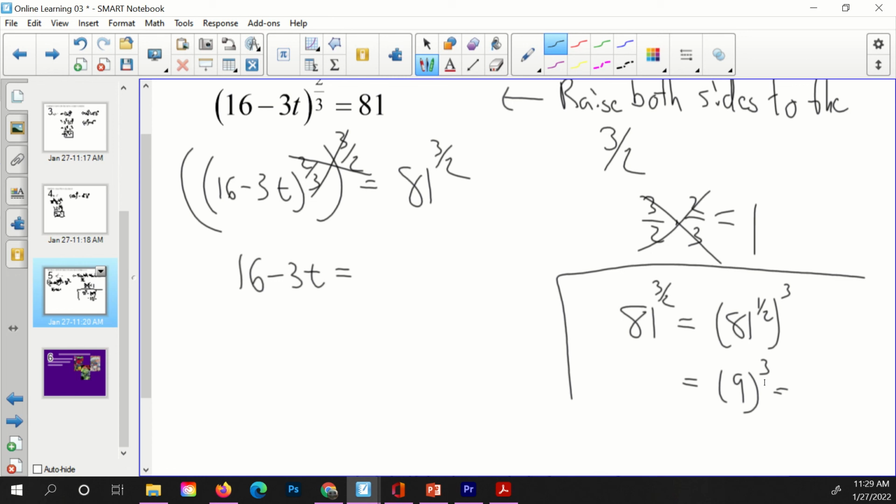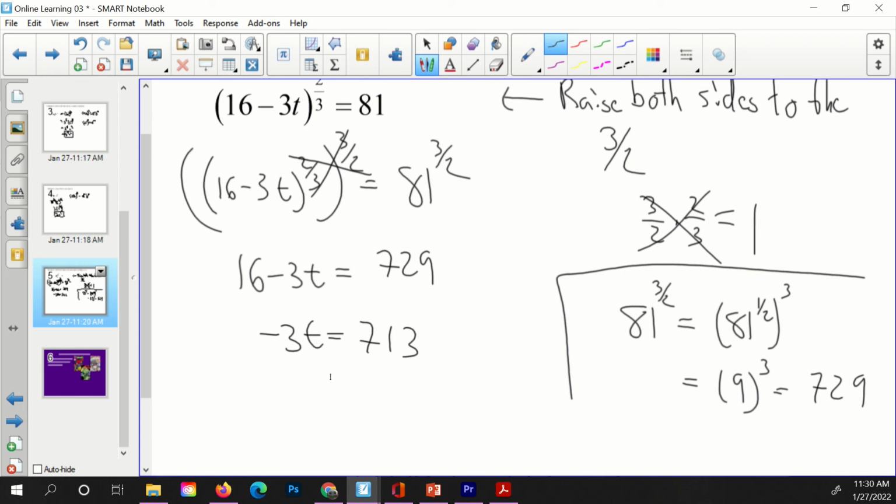And then 9 to the third power is, real quick here, let me get my calculator out. You can check me if you want, but 9 raised to the third power is 729. So this is going to equal 729, and then I will subtract 16 from both sides, so negative 3t equals, if I subtract 16, I'll have 713, I think.